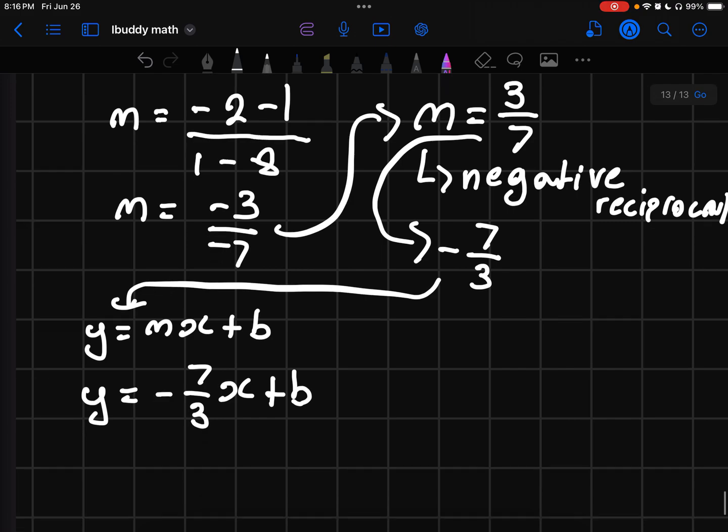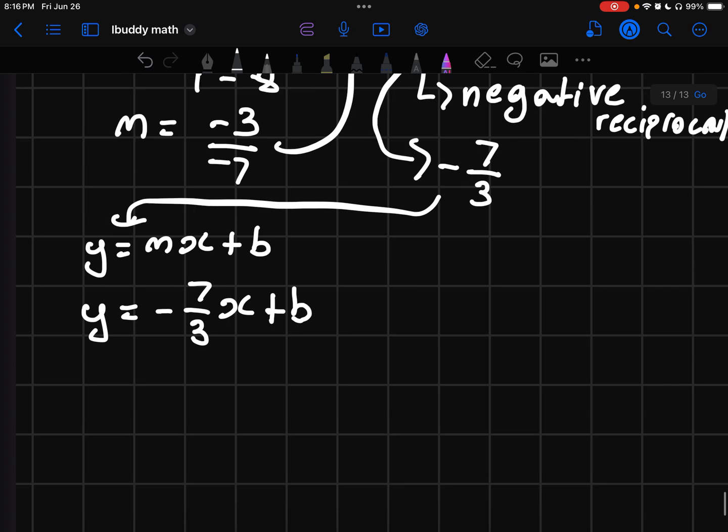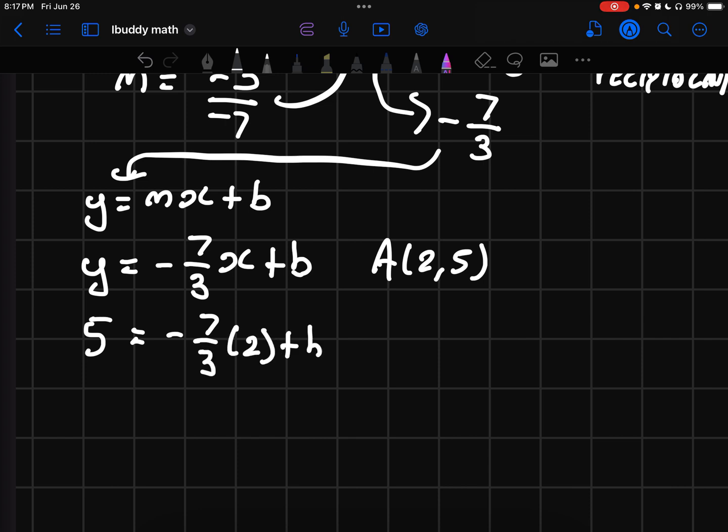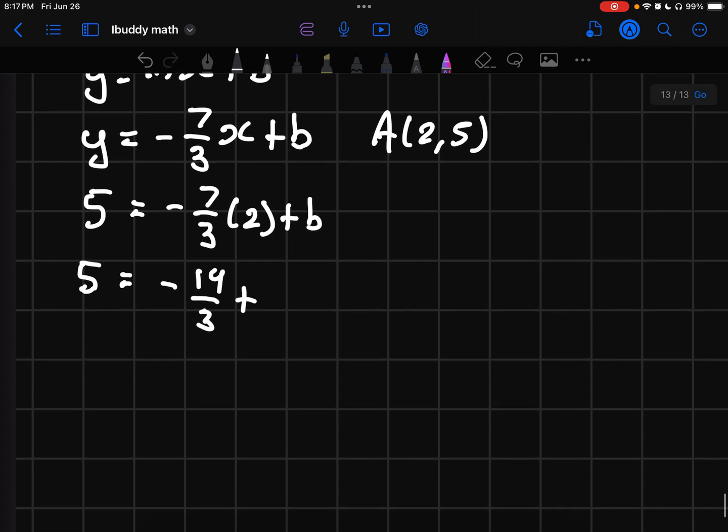So to do this, we can use the point A, which is 2, 5. So 5 is equal to -7 over 3 times 2 plus b. 5 is equal to -14 over 3 plus b.